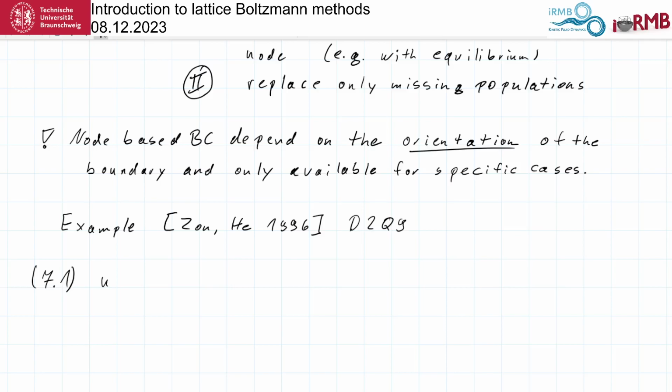You should just remember this as a historical view. It's not working that well, but it's important to get an understanding of how things in principle work. So the idea behind this, equation 7.1, is that there is a given velocity in x direction.